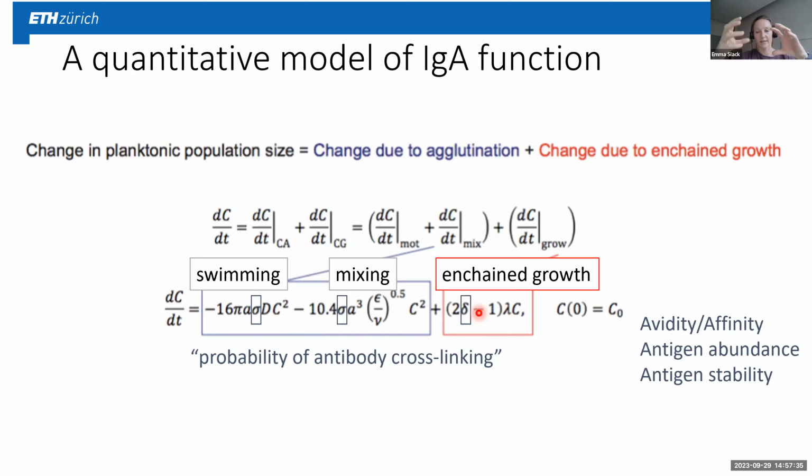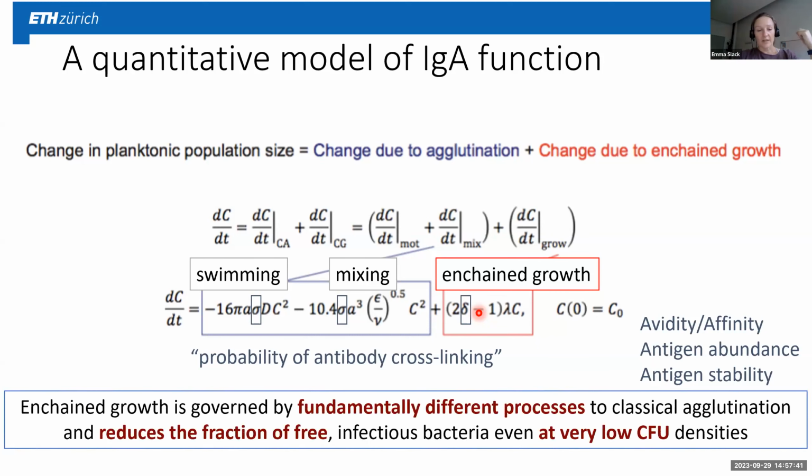Many other things come into this probability that are not just affinity and avidity. So the overall conclusion is that enchained growth is governed by fundamentally different processes to classical agglutination and reduces the fraction of free infectious bacteria even at very low CFU densities.